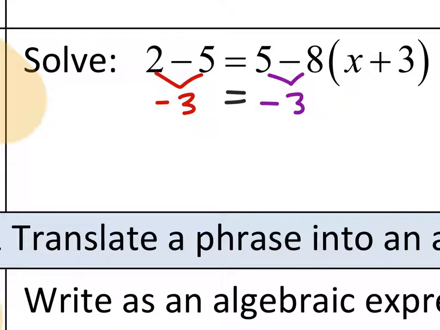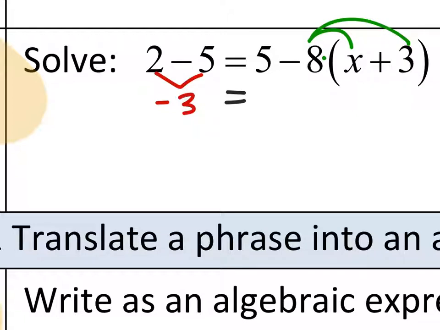We can't do that because of the order of operations. That's 8 times that parentheses. Really, it's negative 8 times that parentheses. So as it turns out, we have to do the distribution first. We can't take the 5 minus 8, so this stuff here is no good, okay? But again, that's a common mistake. Just take your time again and think about your order of operations.